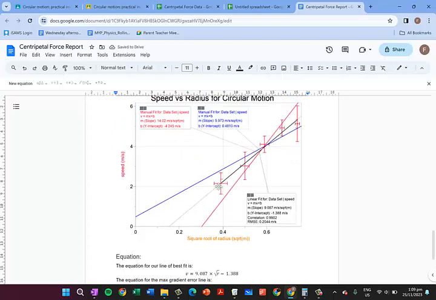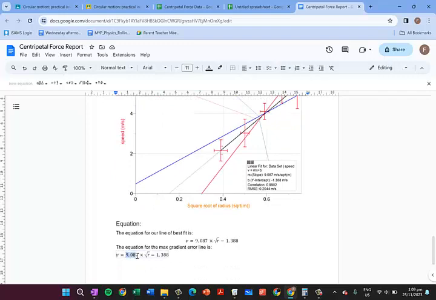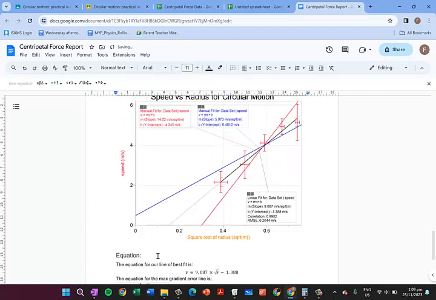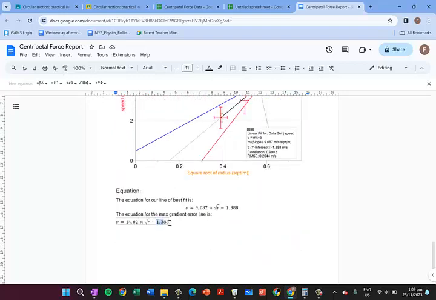So the max gradient one is the red one. So it's 14.02. And the y-intercept for the red one is negative 4.245. So there's our max gradient error line.